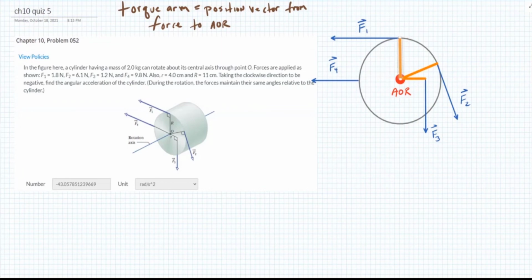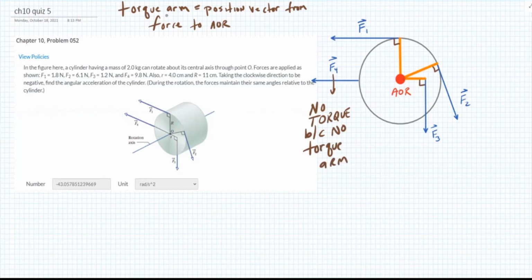And I want to indicate the perpendicularity, the orthogonality. These are perpendicular because F1 is acting tangentially. This is perpendicular and this is perpendicular. And again, no torque. That force is not equal to 0, but the torque it produces is equal to 0. There's no torque because there's no torque arm. There's no position vector that goes between the AOR and the force.